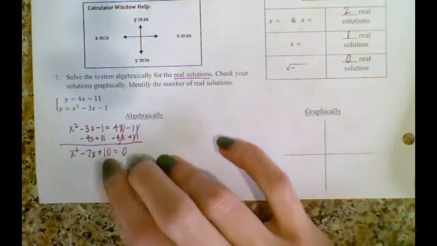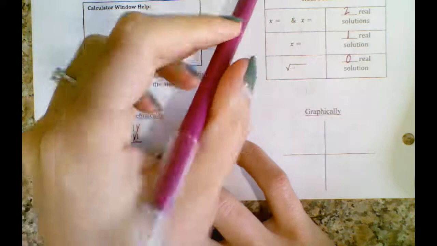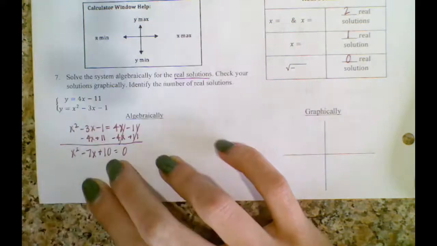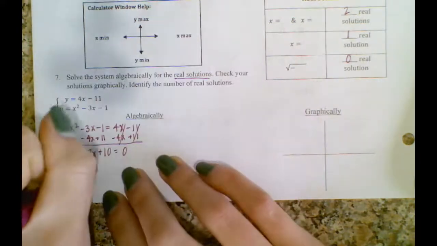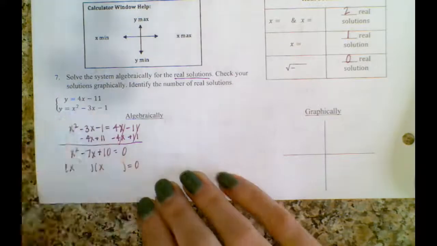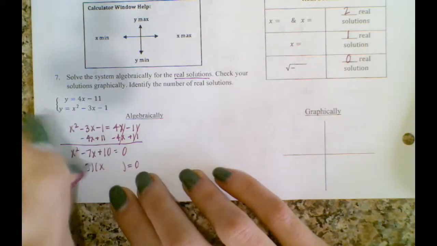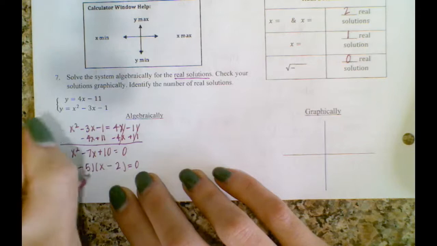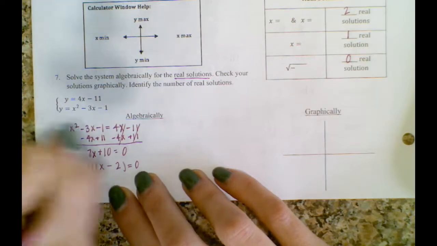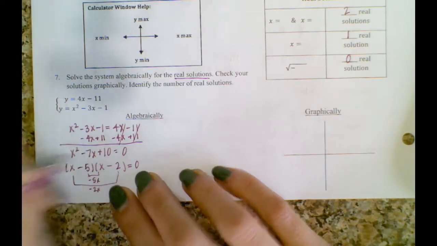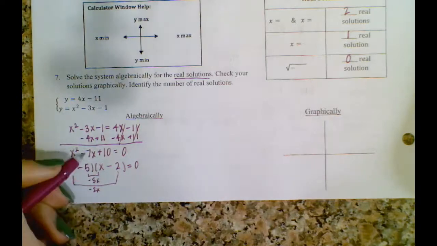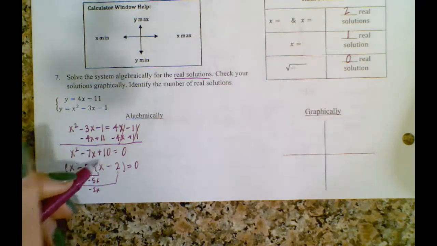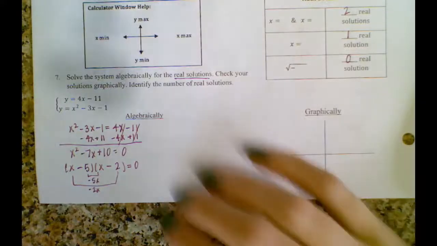Now I got to solve for x. So I'm either going to factor or use the quadratic formula. I think this is factorable, so let's try it out. Factors of 10 are 5 and 2. If I make them both negative, that gives me -5x and -2x, which gives me -7x, and -5 times -2 is +10, so awesome.